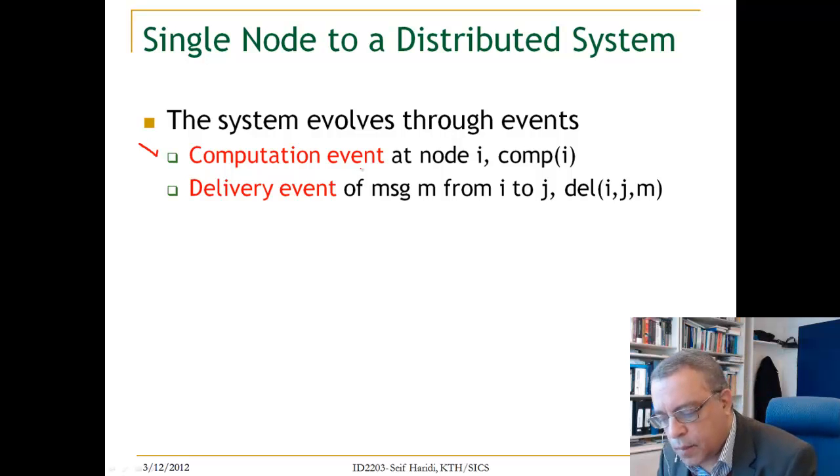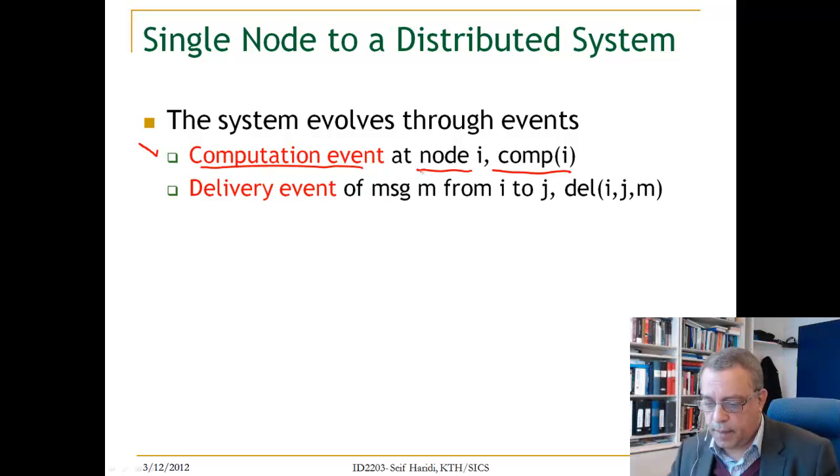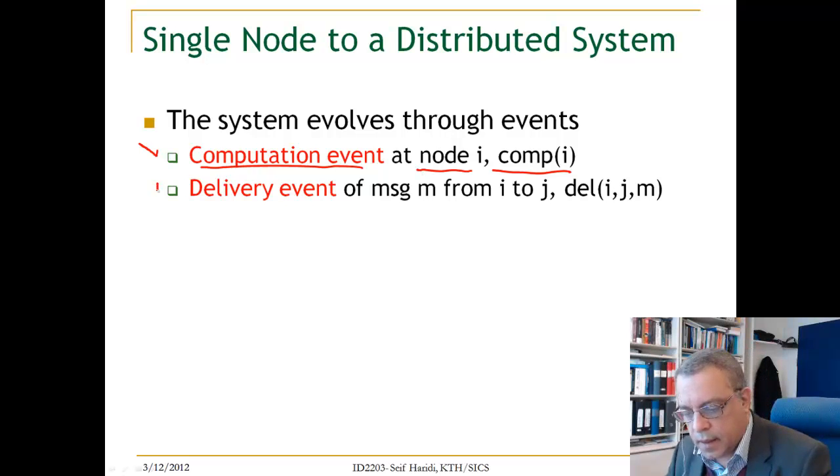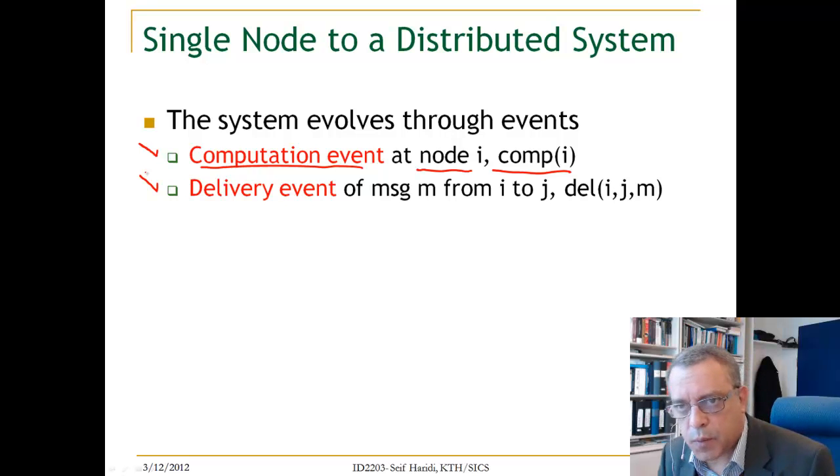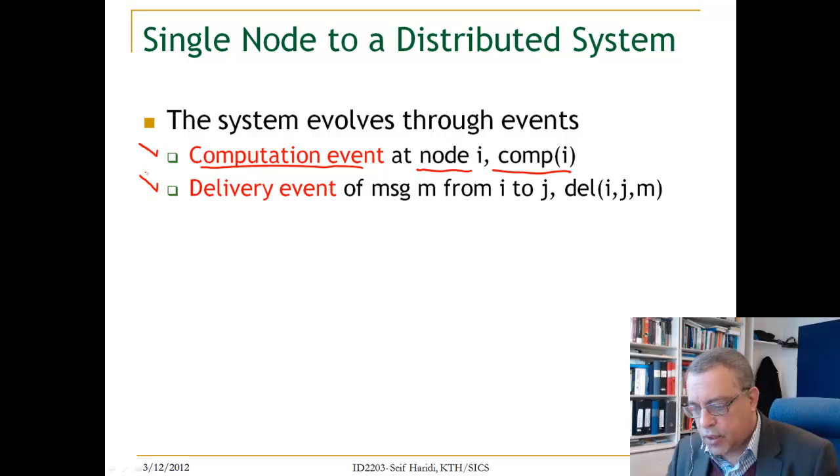We call this a computation event, and we denote it by comp i, and this is a computation event happening at node i. Or it could be a delivery event. And a delivery event takes a message from some output buffer of some node and delivers it to the input buffer of the destination node.